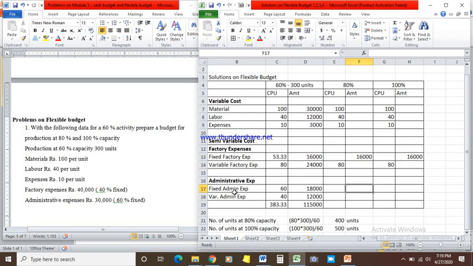Similarly, when it comes to administrative expenses, fixed administrative expenses 18,000, amount will be same at 80% and at 100%, whereas variable administrative expense per unit is going to be same.